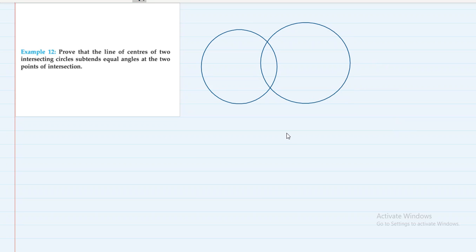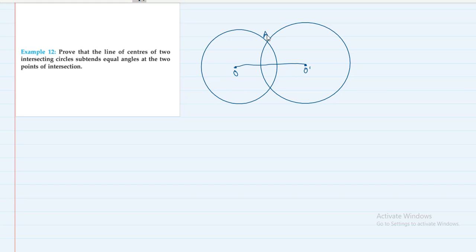Prove that the line of centers of two intersecting circles. So we'll join their centers. Line of centers. This is the line of centers. O dash. Subtends equal angles at the 2 points of intersection.